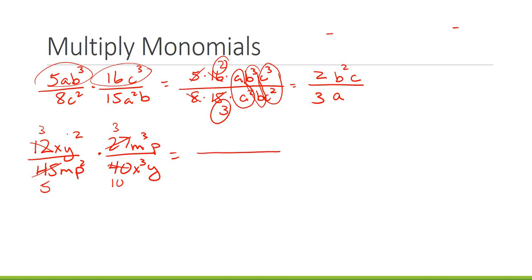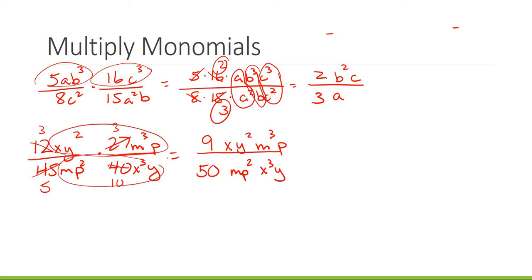I don't think I can cancel my numbers any further. So up top I have 3 times 3 is 9, 5 times 10 is 50. Then I'm going to do my x, y squared and my m cubed p, my m p squared, my x cubed y. All I've done is copy the variables on the top to the top, bottom to bottom.